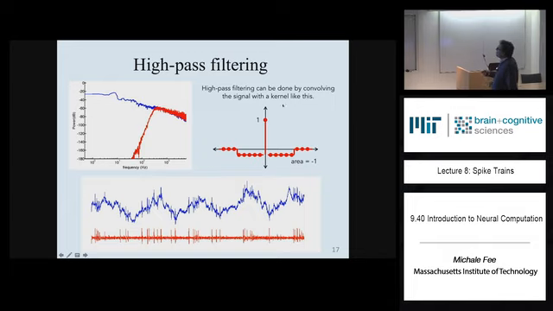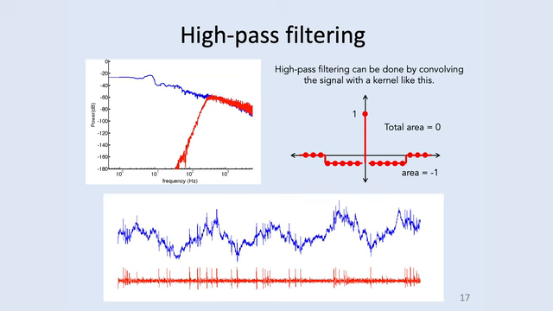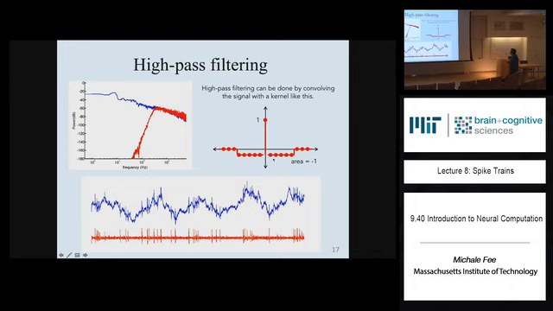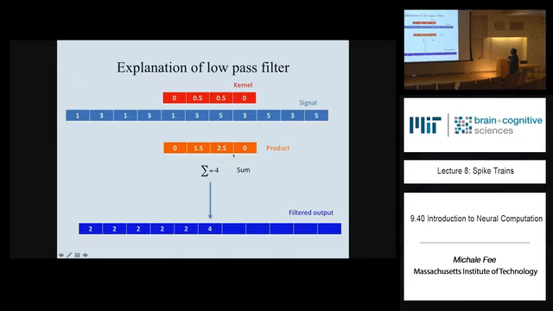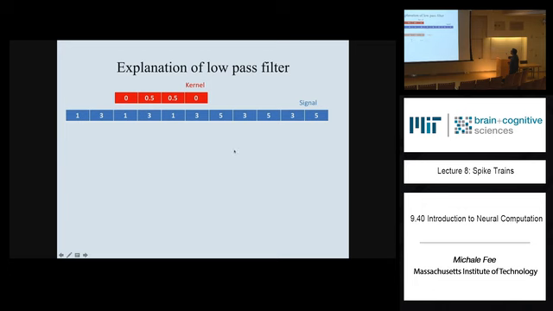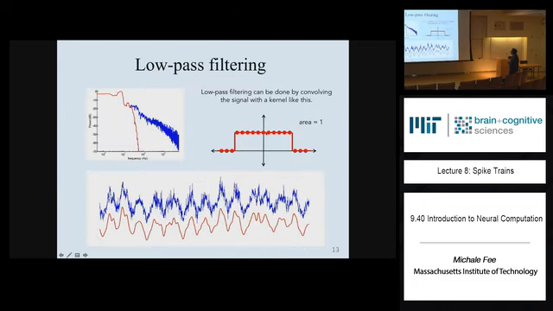We're going to use this kernel here to do our high-pass filtering. Notice that this kernel has 2 components. It has a square component that's negative, and it has a delta function at 0. You can see that this negative component of this high-pass filter looks a lot like the negative of our low-pass filter.